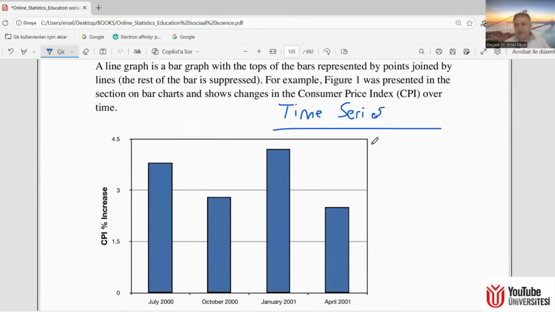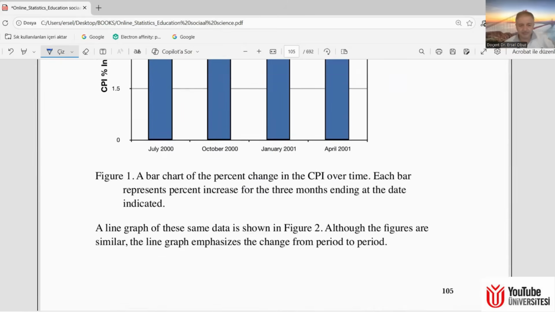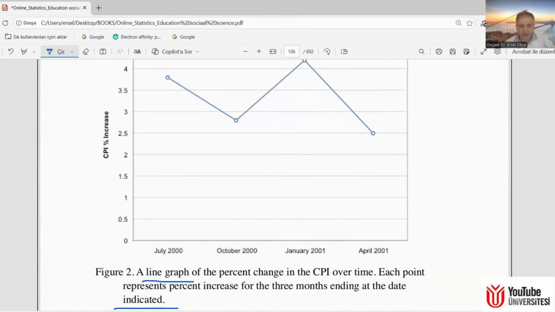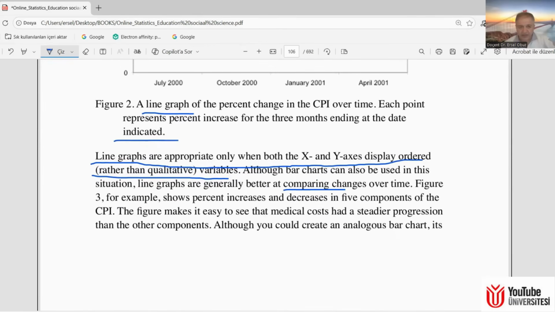So line graphs are best for time series. And then this is the line graph of the percent change in CPI over time. Okay. The same idea.